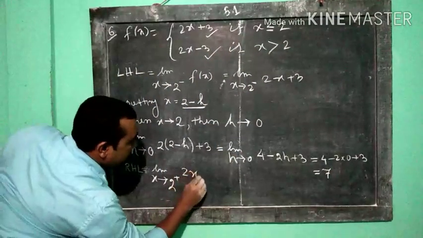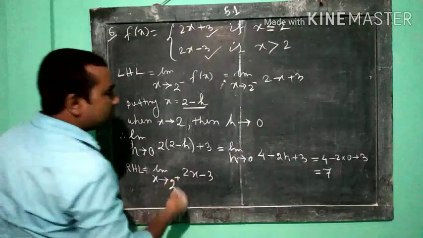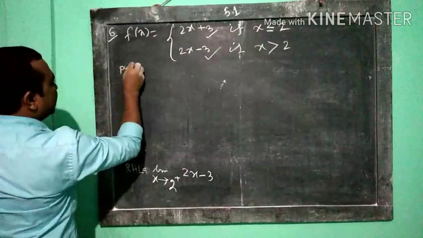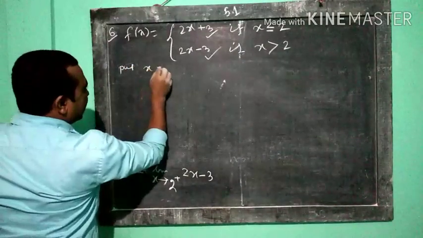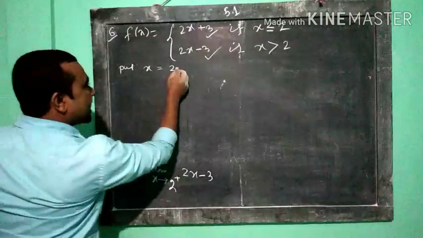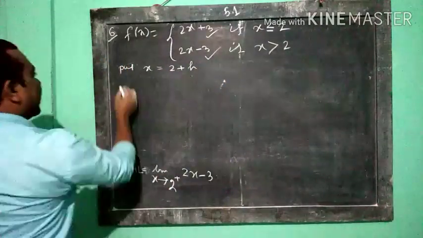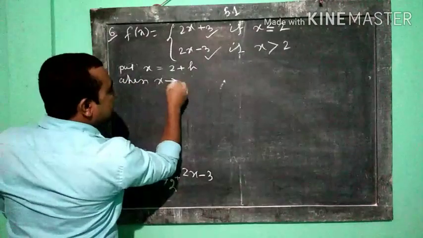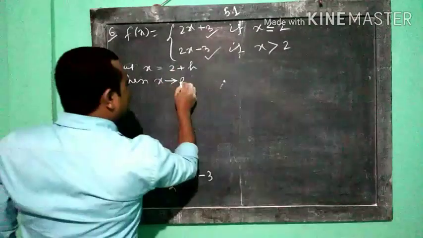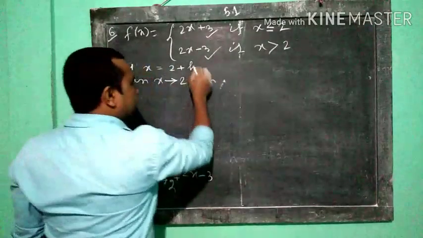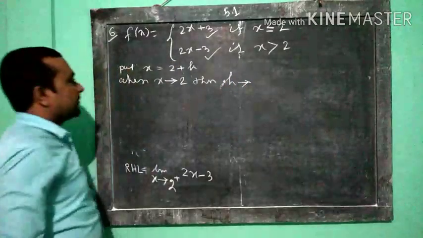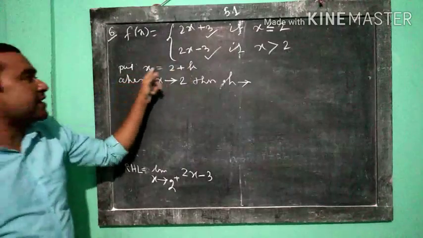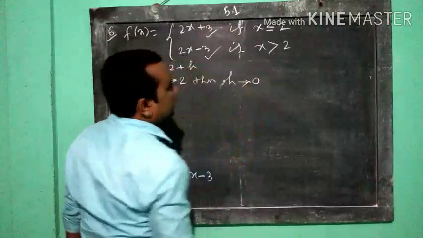Putting x equal to 2 plus h, when x tends to 2, h tends to 0.